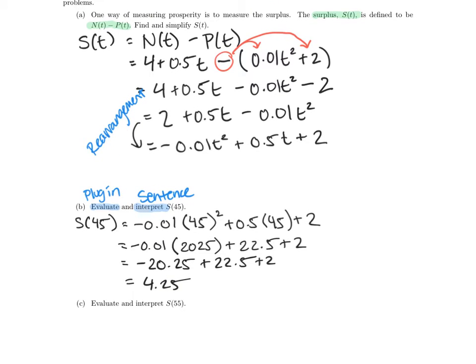Let's do it in green. So our sentence, and remember, the number we're plugging in is years after January 1st, 2000. So we'll write 45 years after January 1st, 2000.